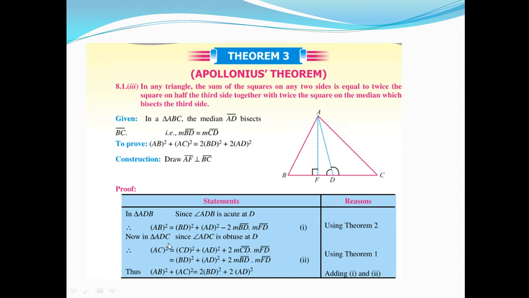Now in triangle ADC, since triangle ADC is an obtuse angle triangle, we get the value of the projection similarly. Adding theorem 1 equations 1 and 2, we get AB square plus AC square equals 2 BD square plus 2 AD square.